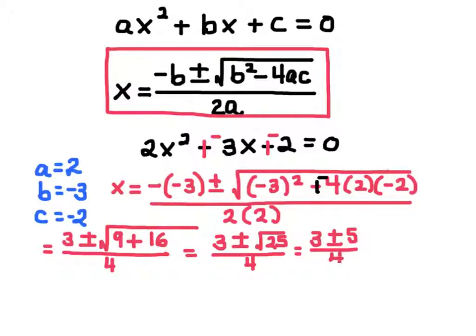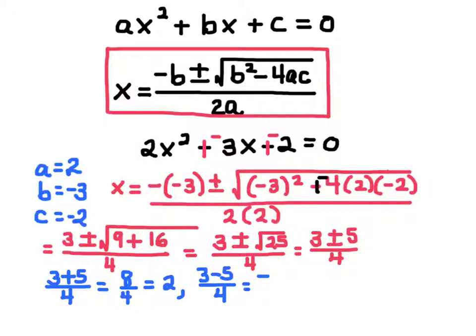Now these are our values for x. Now we have to do a split. We can either have 3 plus 5 over 4 or 3 minus 5 over 4. 3 plus 5 over 4 is 8 over 4, which is 2. 3 minus 5 over 4 is -2 over 4, which is -1/2.